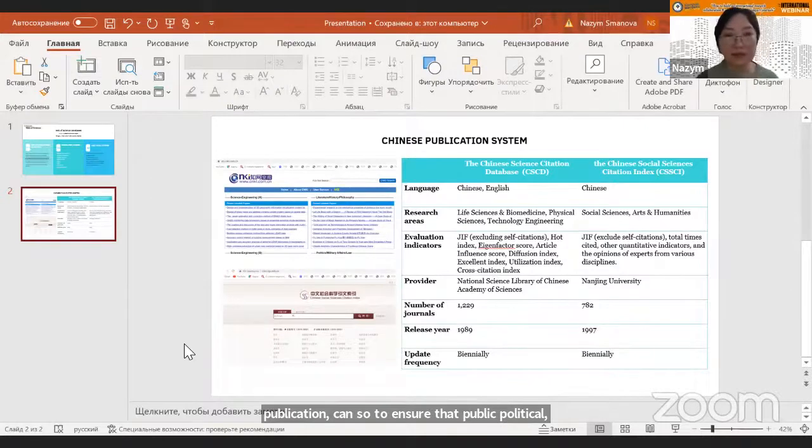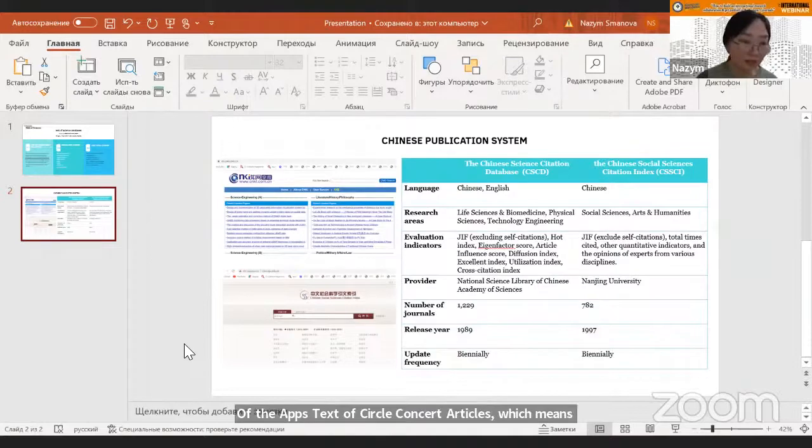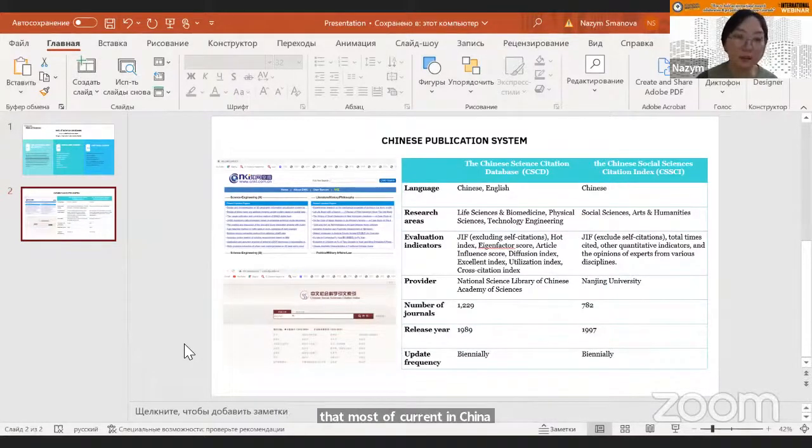In comparison, international journals haven't got centralized administration, and most journals in China are published in Chinese, and few of them have an English translation of the abstract of research articles, which means that most of the current scientific development in China is not available to non-Chinese speaking researchers.